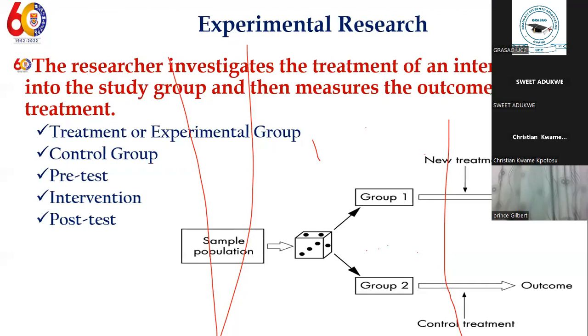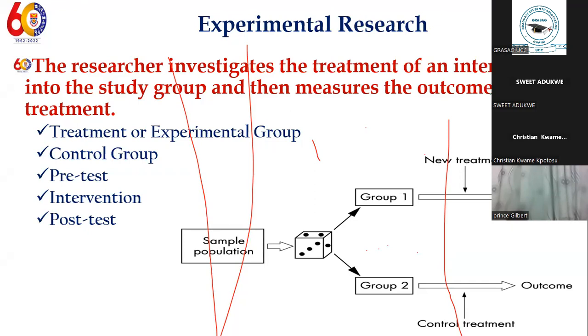So from the left-hand side, you could see we have two groups, a treatment or experimental group and that of a control group. But who goes into a treatment group and who goes into a control group? That is why we need some form of selection or assigning. That's why the die is here. In these two groups, one is the treatment and another one is the control group.